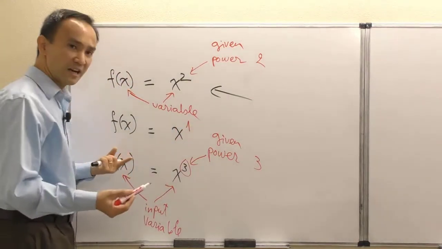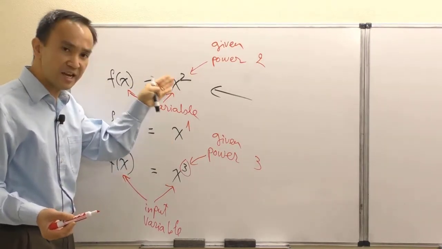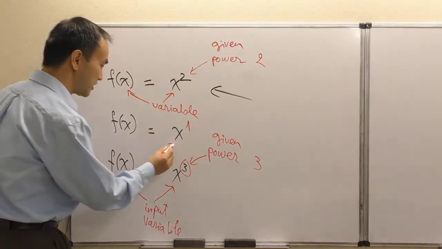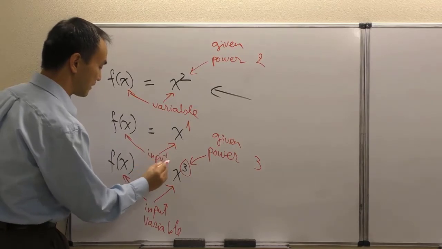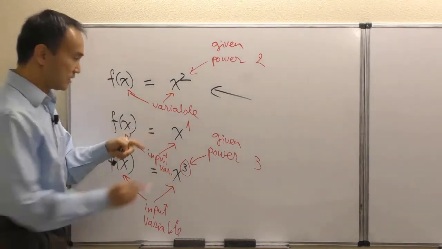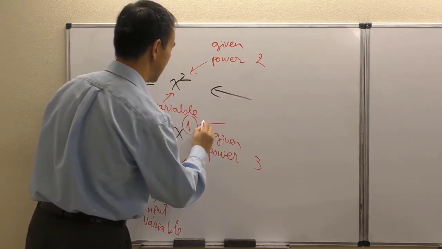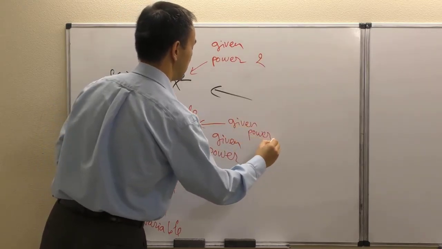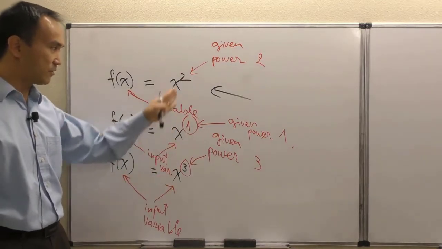Now this function all of a sudden we realize has that exact same nature compared to the other two functions. The input variable is here. That's the input, and variable, allow me to use the shorthand writing. And this part here is the given power 1. Very same with the other two functions.